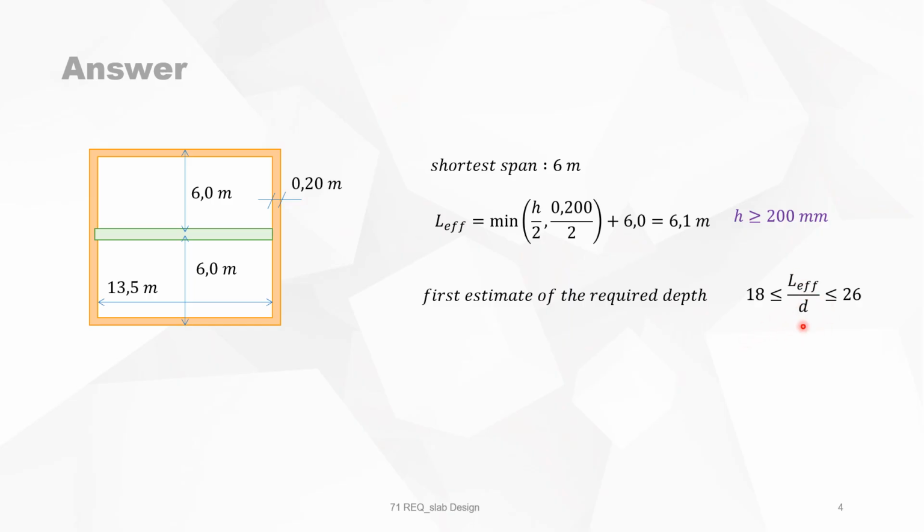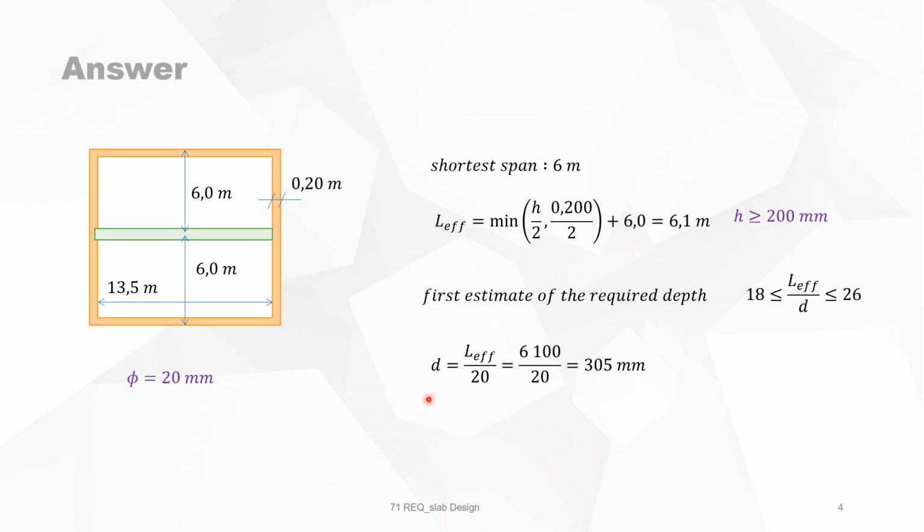And this ratio must be between 18 and 26. 26 is for slabs which are lightly loaded, not very heavily loaded, and 18 is for bigger loads on the slab. So we'll take somewhere in between. So we make a guess that the effective depth is the effective length divided by 20, and this gives us 305 millimeter for d.